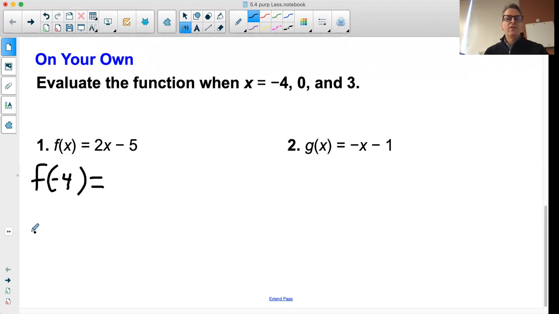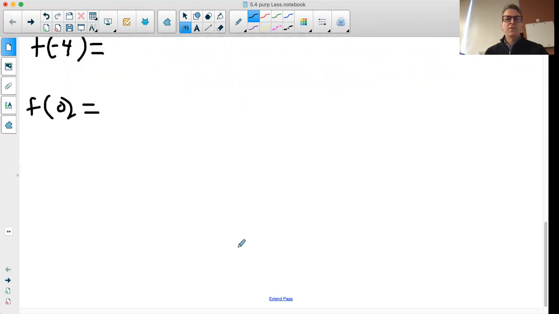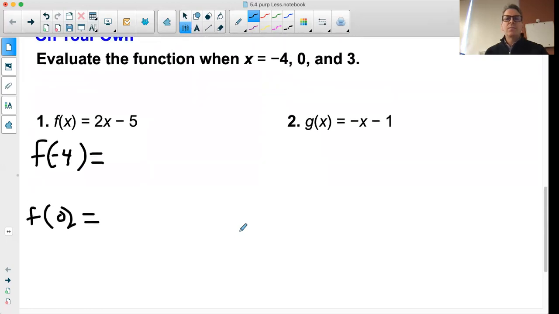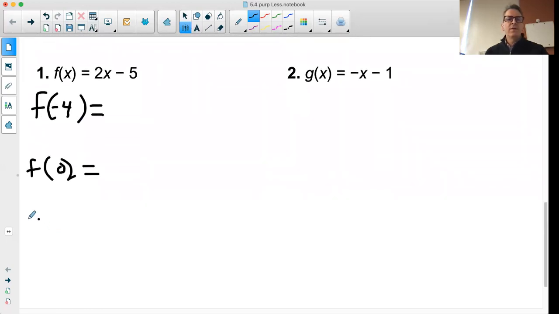We're also going to evaluate the function f at 0, and we're going to evaluate the function f at 3. So I'm just going to move that down a little bit. f at 3. Okay, so we're going to evaluate the function at those three values of x.